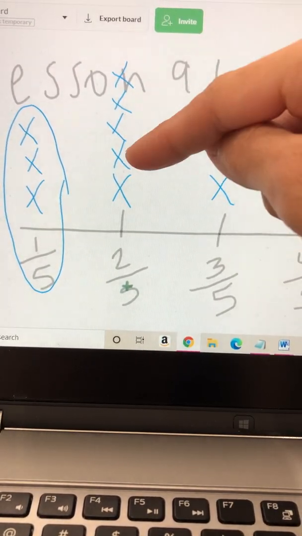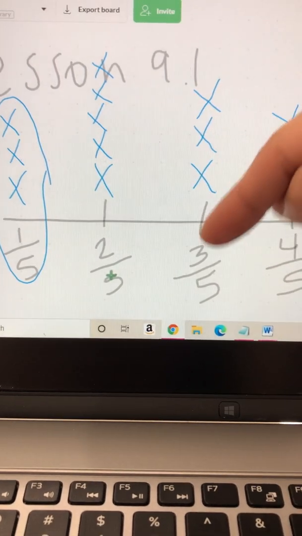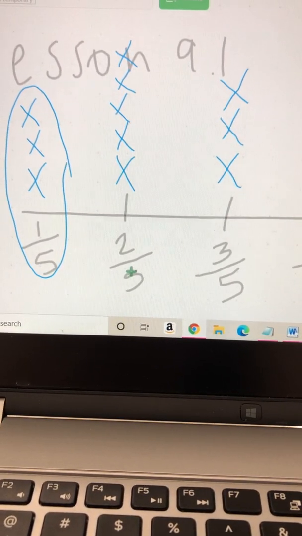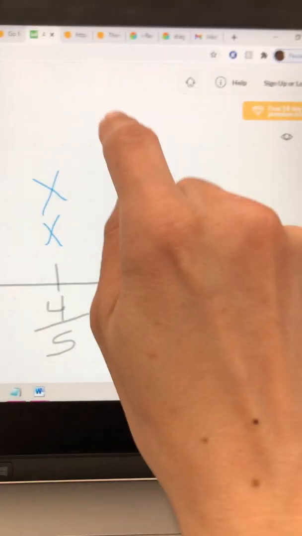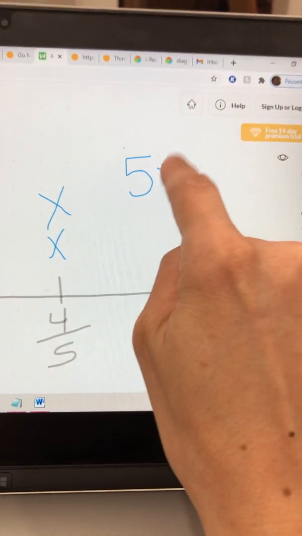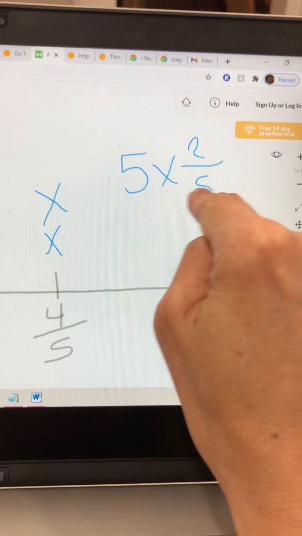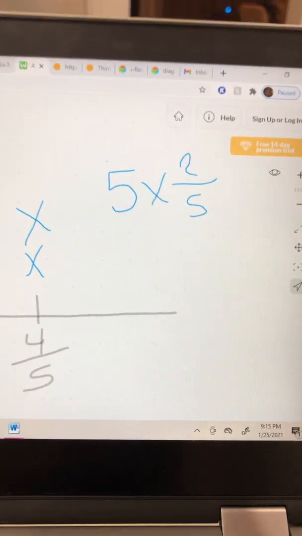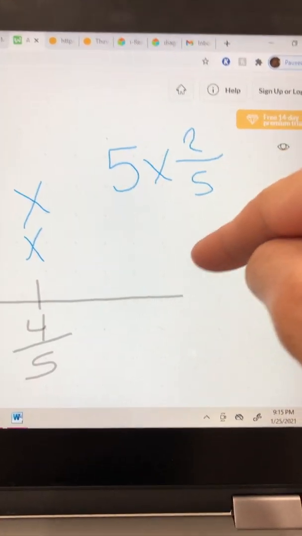I can either do 2/5 plus 2/5 plus 2/5 all the way up to 5 times, or I can just take the easy way out and multiply 5 times 2/5, which is better. So let's work smarter, not harder. We know how to do this because we did it in chapter 7.